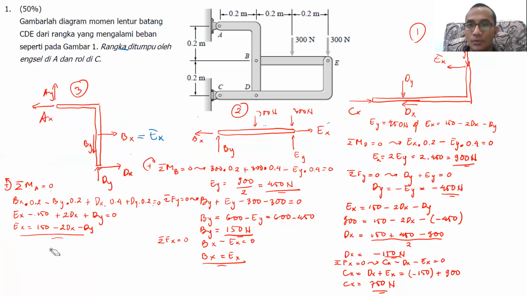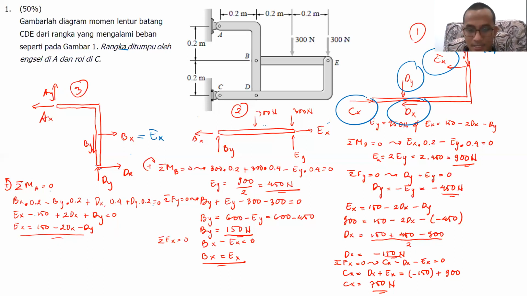Okay. So first, Ey is not unknown anymore. It's a known value, 450 Newton. Okay. So if Ey is a known value, now my unknowns will be only Ex, Dy, Dx, and Cx. 4 unknowns. And how many equations do we have? 3, right? Sigma Fx, sigma Fy, and sigma moment.